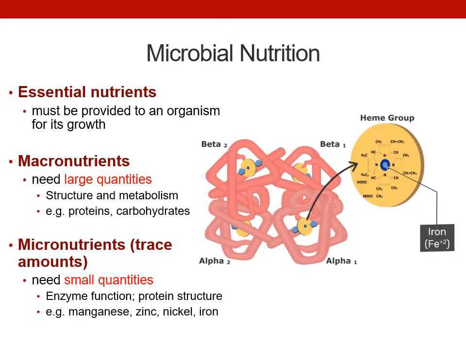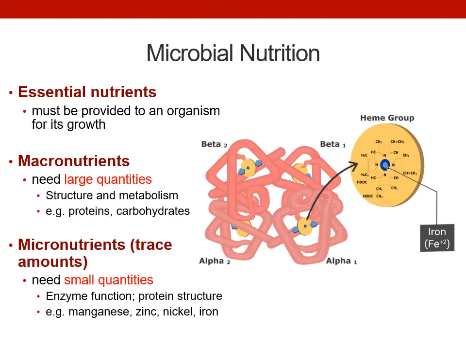Essential nutrients are those that must be provided to an organism for its growth. They must transport these molecules into the cell and metabolize them. Macronutrients, like proteins and carbohydrates, are needed in large quantities. They are required for maintenance of the cell structure and to carry out metabolic reactions.